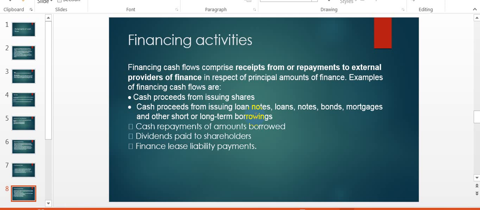Okay? So the figure you're going to get by adding or subtracting the bank balance to the total of your three operating, investing, and financing activities should be equal to the bank balance, closing balance in the statement of financial position this year.